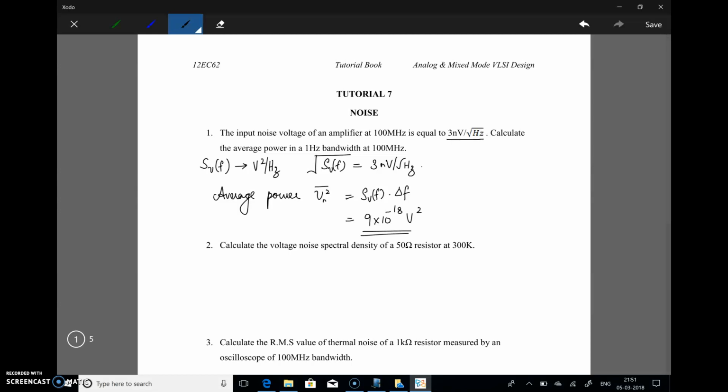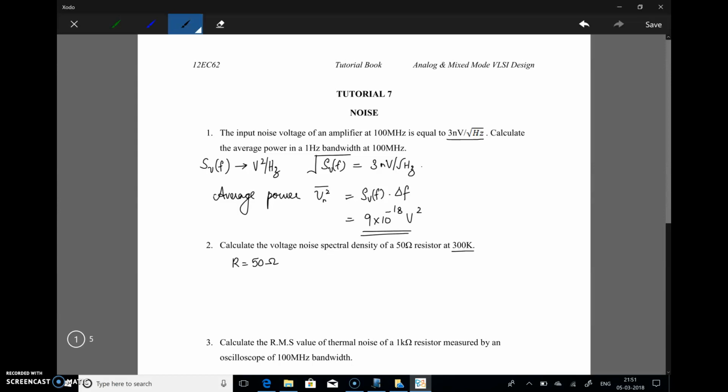Now your second question. Calculate the voltage noise spectral density of a 50 ohm resistor at 300K. So 300K is again room temperature. The resistor value R is equal to 50 ohms.